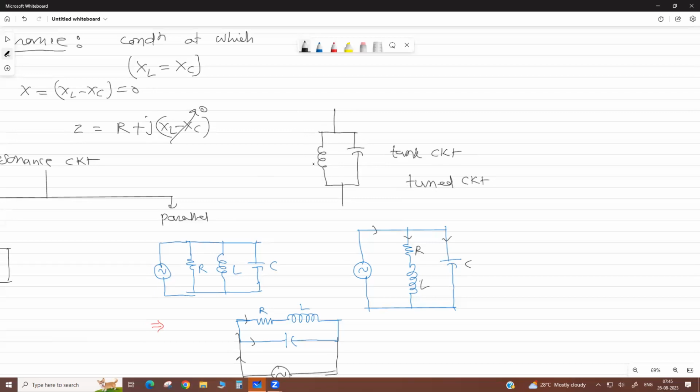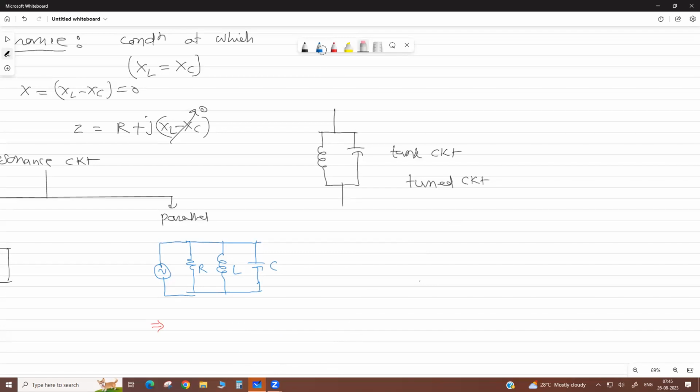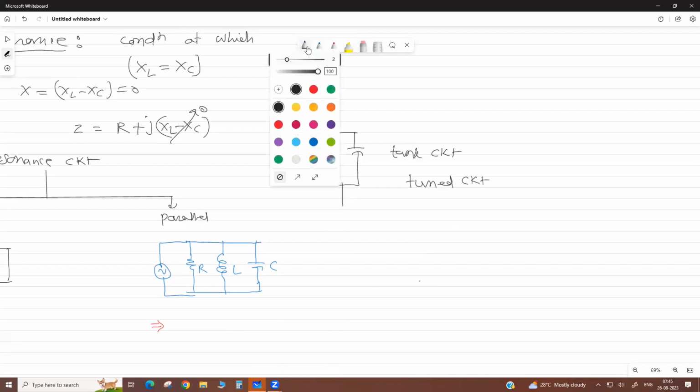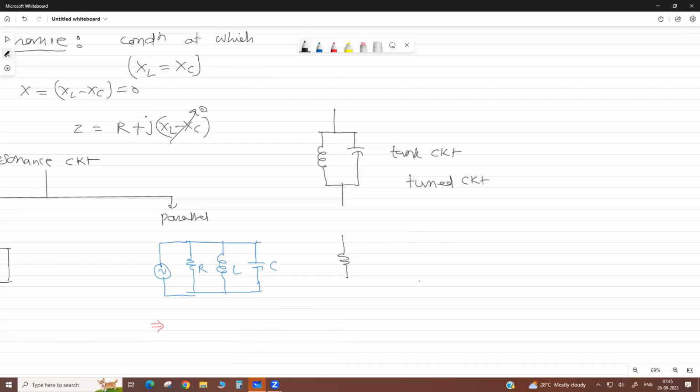But actually, a pure inductor is not possible. Therefore we consider a resistance with the inductor, and this is your capacitor. So this circuit we consider as a parallel resonance.